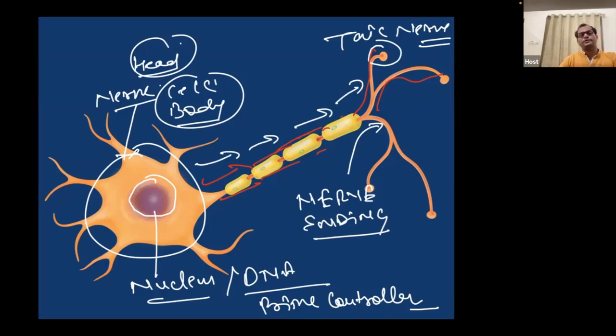Suppose I want to do some movement, and the command is coming from the brain, then in the spine. Then from the cell body, this command is passing in the form of electric current, an electric signal. So these electric signals are reaching the nerve ending. We call this electric signal action potential.